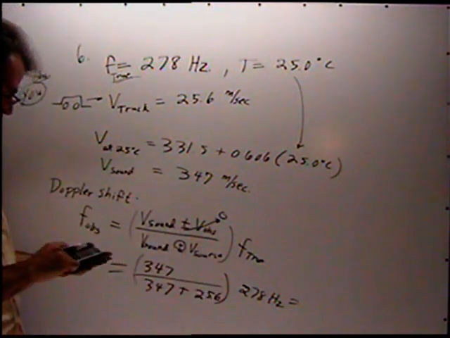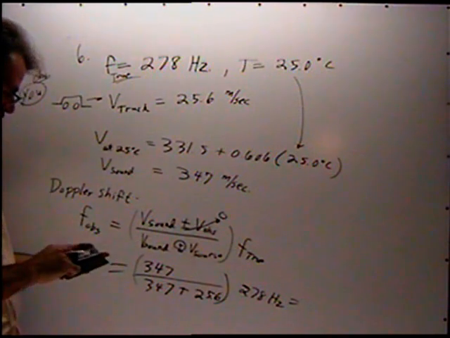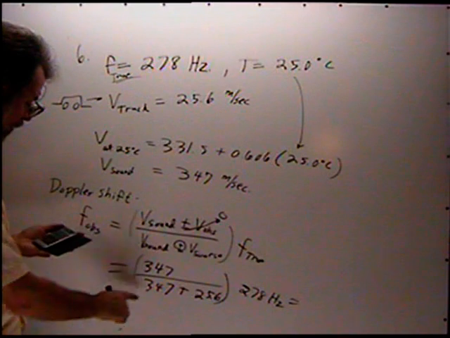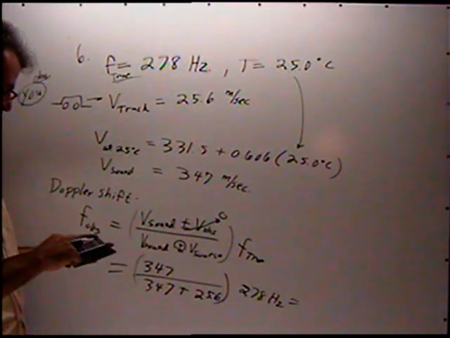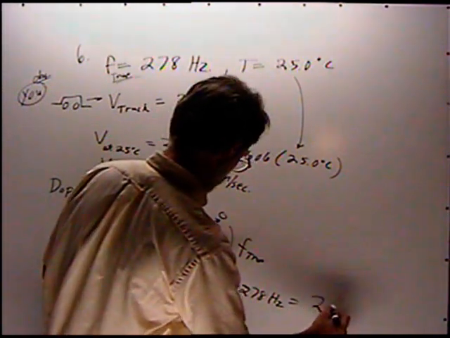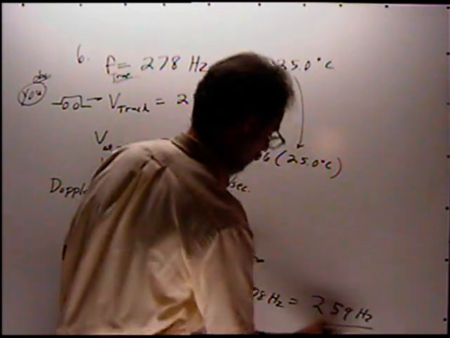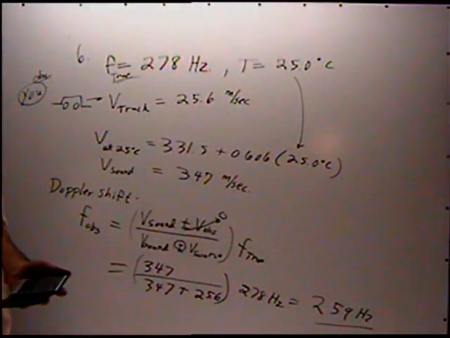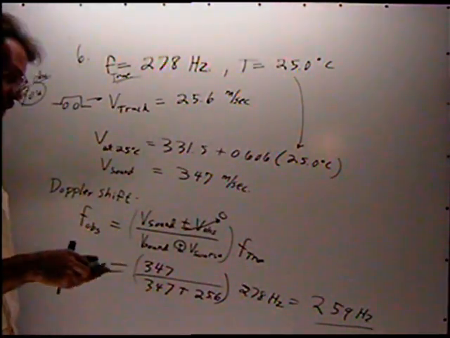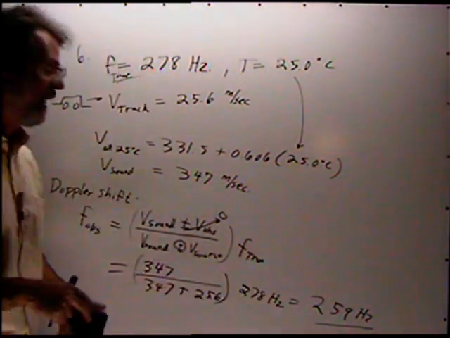So it's 347 plus 25.6 divided by 347. I calculate this ratio and then multiply by 278, and I get 259 hertz. So the pitch has dropped, from 278 hertz down to 259 hertz.